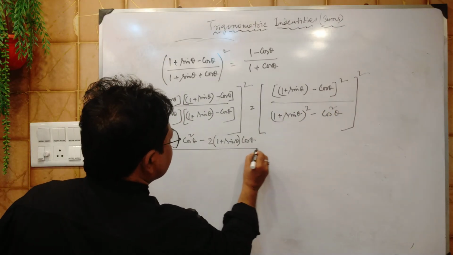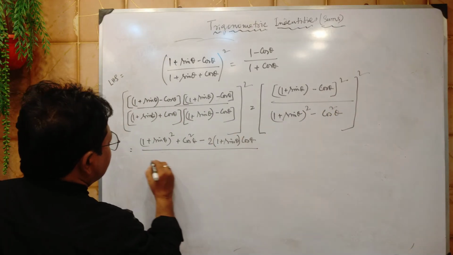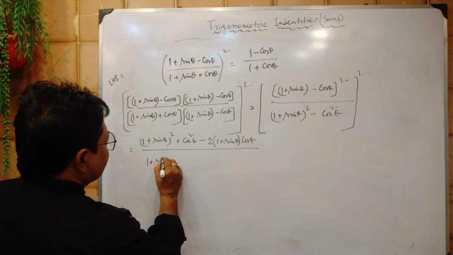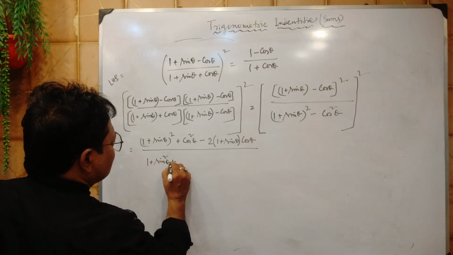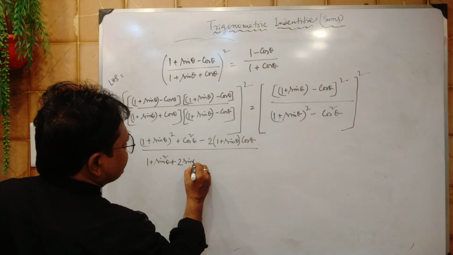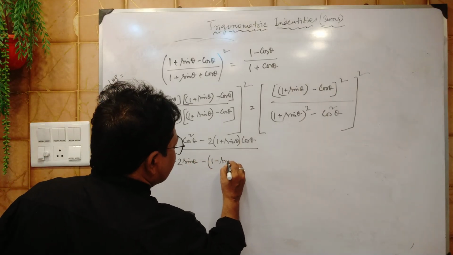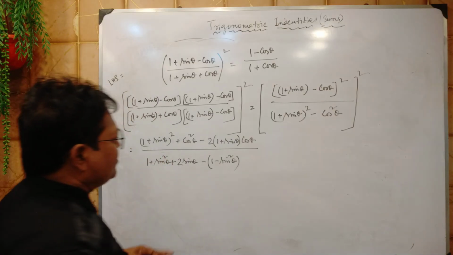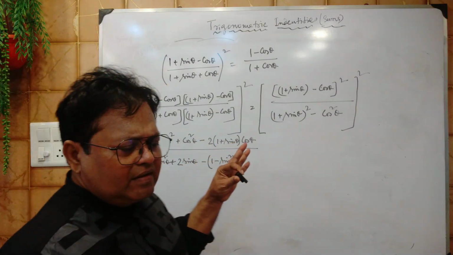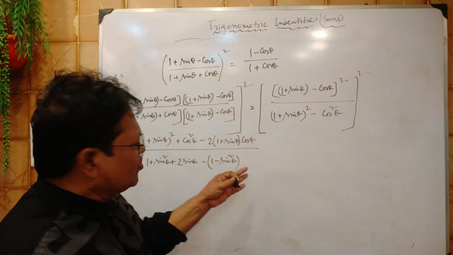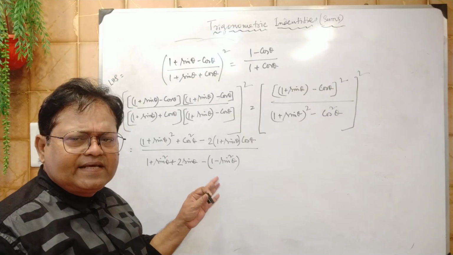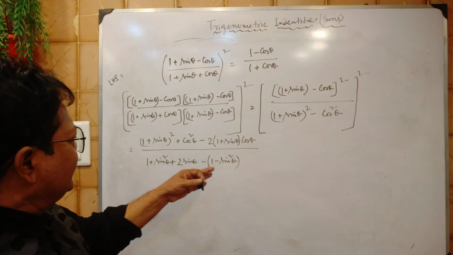divided by, this is a plus b whole square, 1 plus sin square theta plus 2 sin theta minus cos square theta, we can write 1 minus sin square theta, because our aim is to convert everything in the denominator to sin, eliminating cos.